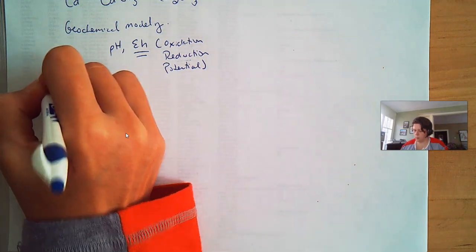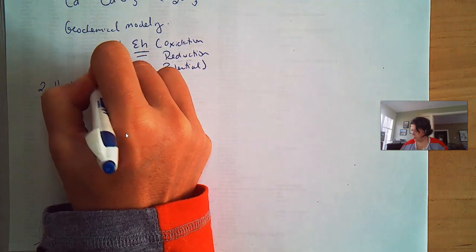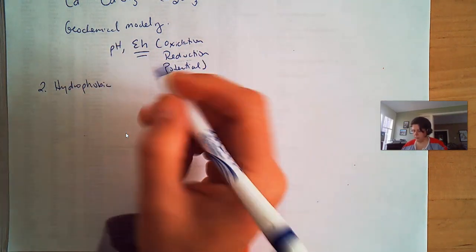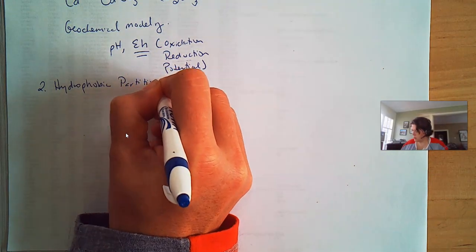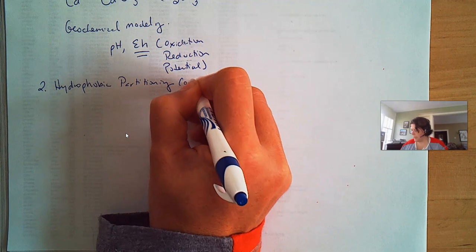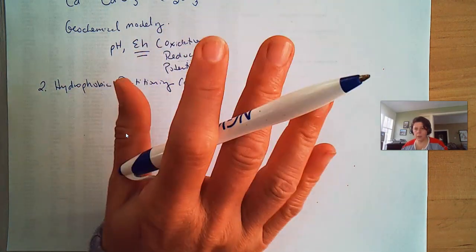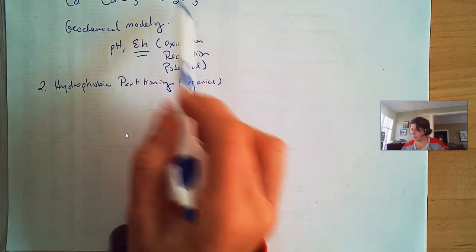The next one is hydrophobic. So hydro, water, phobic, fear, partitioning. This is for organics. So we're going back to organics. This was all stuff dealing with inorganics, with our metals, our speciation, systems like that.